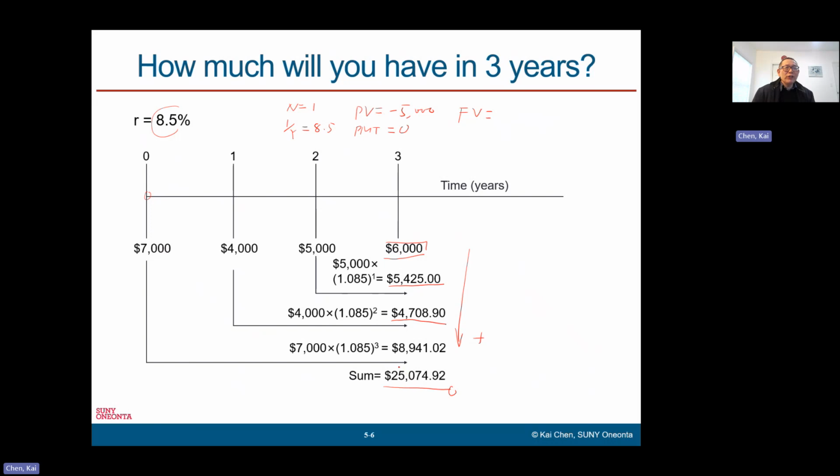Is it good enough for you to buy the car? Of course not. If you remember, you predicted 3 years from now your favorite car is worth $28,000. So you cannot afford this car.